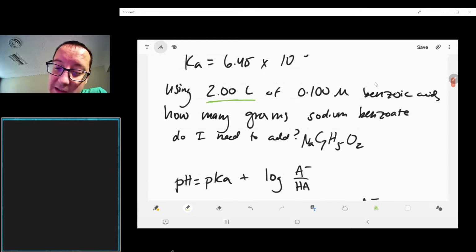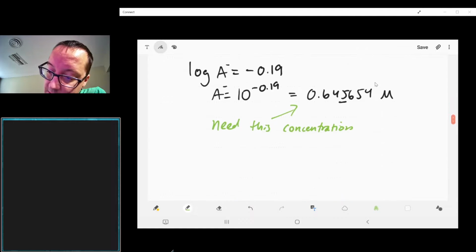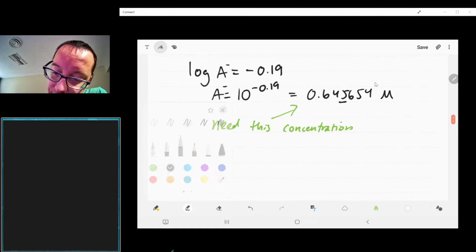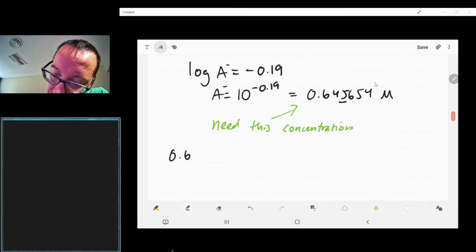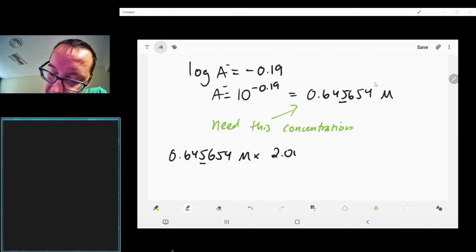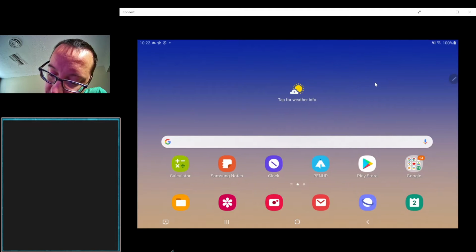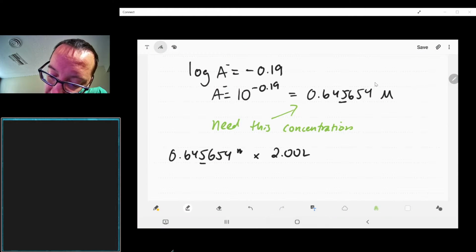So we know that we're going to still have 2 liters of solution that we're working with, which means we can therefore use concentration to get moles, and from moles we can get mass, as always. So let's go ahead and do that. We have 2 liters will equal moles, and I'll write out our units here.